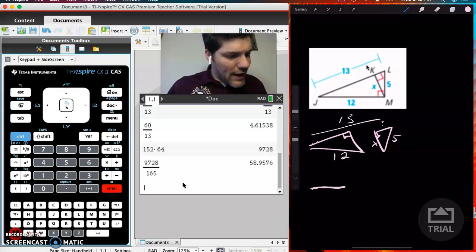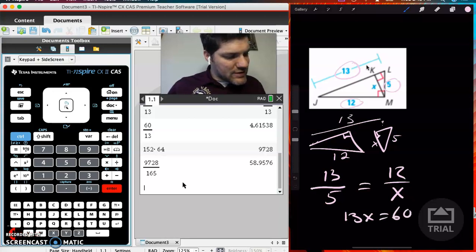So what we have is the hypotenuse of the large triangle is 13. The hypotenuse of the small triangle is 5. 13, 5. And then we have the long leg of the large triangle, which is 12. And we have the long leg of the smaller triangle, which is unknown. 13x equals 60.